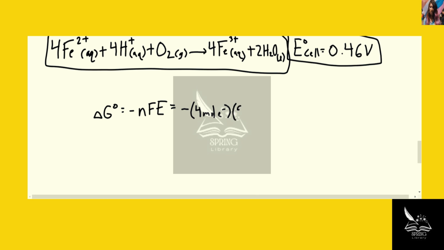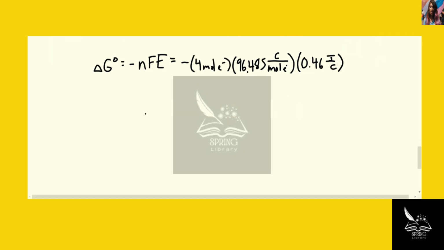Faraday's constant is 96,485 coulombs per mole of electrons, and the cell potential is 0.46 joules per coulomb. Now we can calculate the change in Gibbs free energy at standard conditions. If we divide the result by 1,000, we get it in units of kilojoules. That comes out to negative 180 kilojoules.